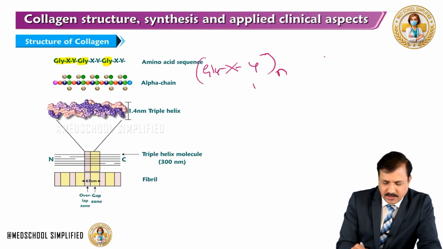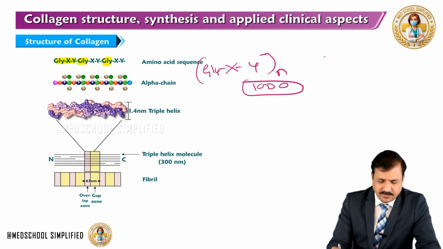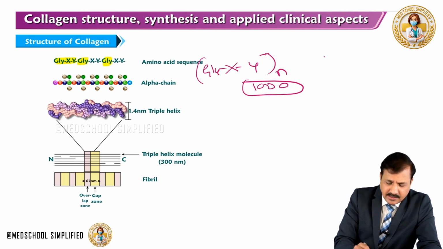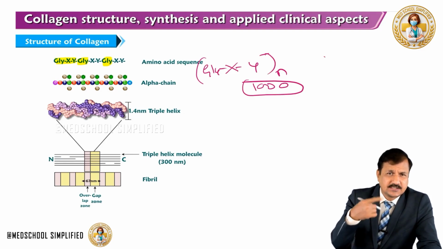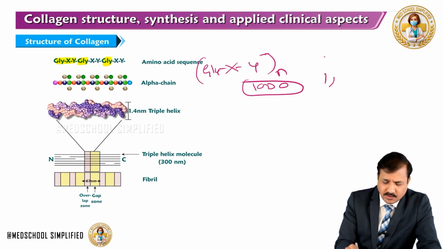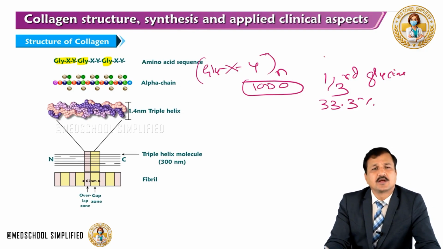About 1000 amino acids are present in an alpha chain, at least 1000 amino acids. In that, glycine is appearing in every third position, so 1/3 of this is glycine, and that means about 33.3% of amino acids is glycine.